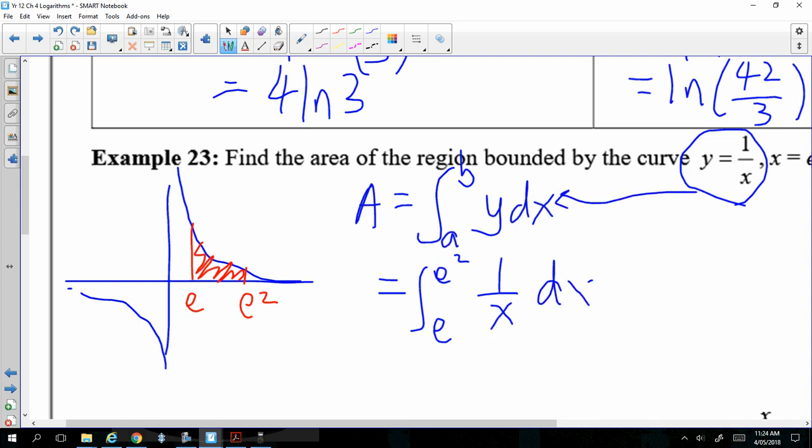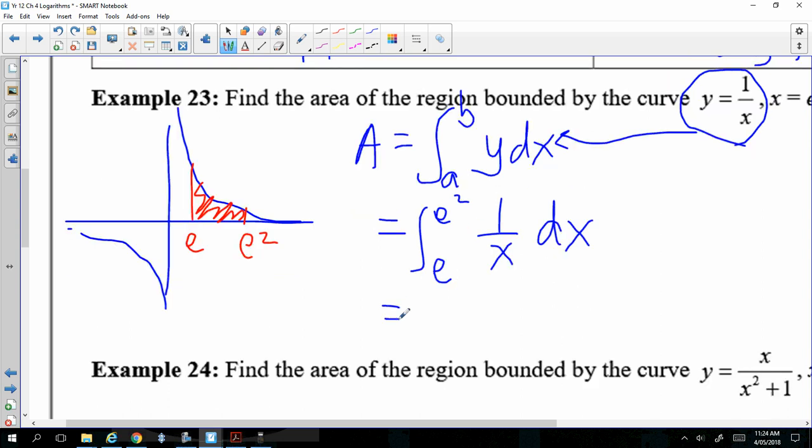Now you know how to do it. Just find the primitive and substitute the limits. So you get the integral of 1 on x is ln x, between e squared and e.